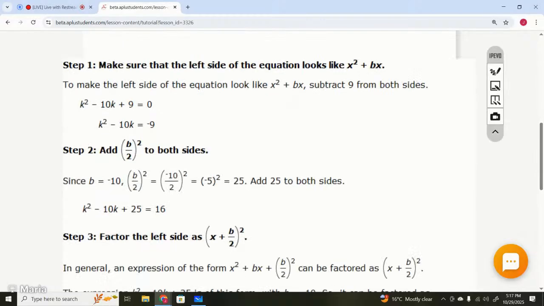So make sure that the left side of the equation looks like x square plus bx. k square minus 10k equals negative 9.